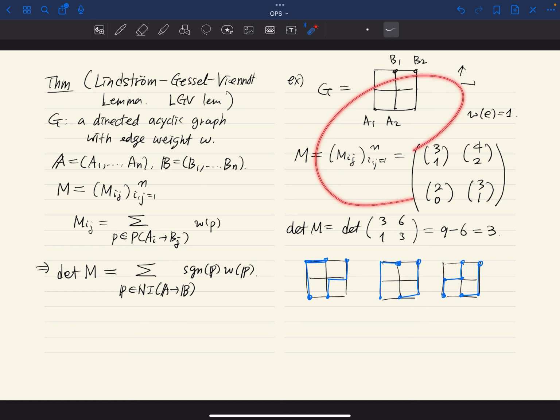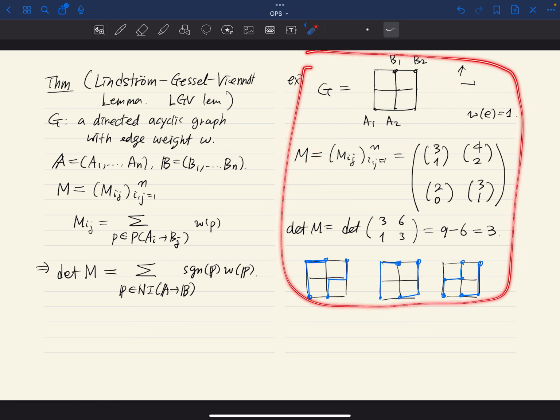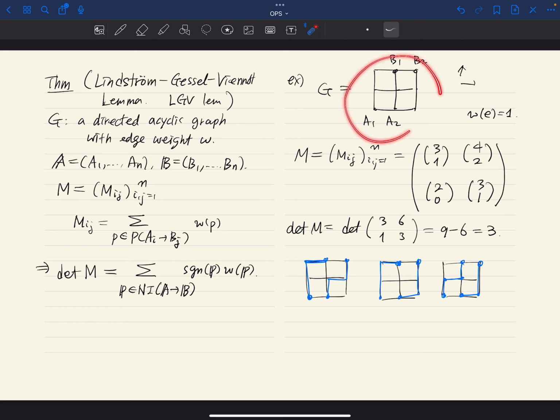But instead of just computing them separately, we can actually compute the number of non-intersecting paths from this diagram. Instead of just listing all of them, let's try to compute all the non-intersecting lattice paths using some kind of computation.